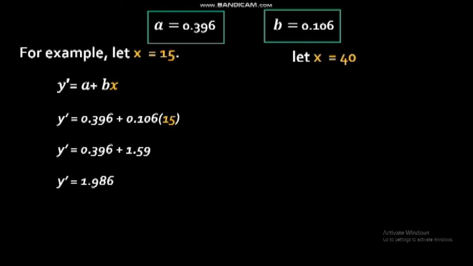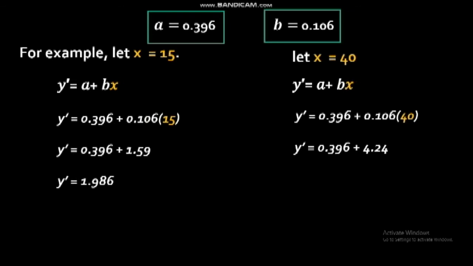Next, let x be equal to 40. Y prime is equal to a plus bx. Y prime is equal to 0.396 plus 0.106 multiplied to 40. Y prime is equal to 0.396 plus 4.24.